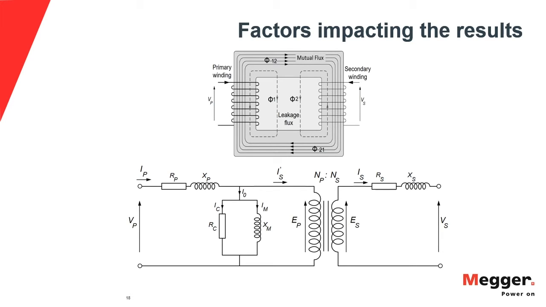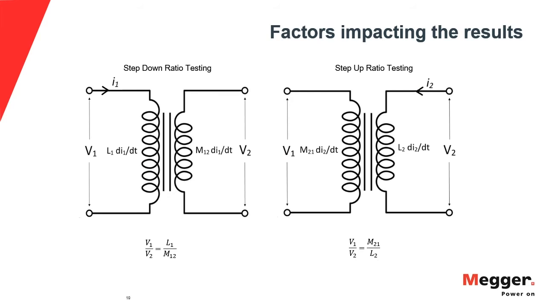so let's look at some examples. But first, I want to show you these two diagrams comparing the step down technique versus the step up technique when running this test. On the left, you look at the step down ratio test. Again, we apply voltage on the high voltage side of our transformer and measure on the low voltage side, right?